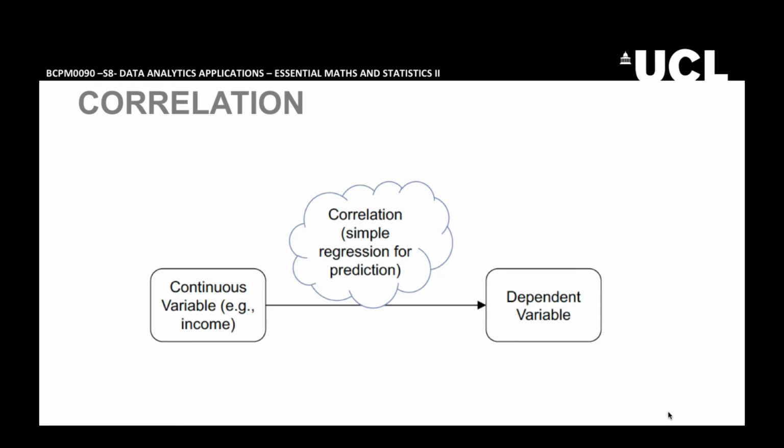Continuing with the quantitative methods to test hypotheses, now we are going to talk about correlation, about regression analysis. The most simple case of correlation is the simple regression for prediction. In that case, we will have a continuous variable, like for example income, affecting a dependent variable that usually is also continuous.